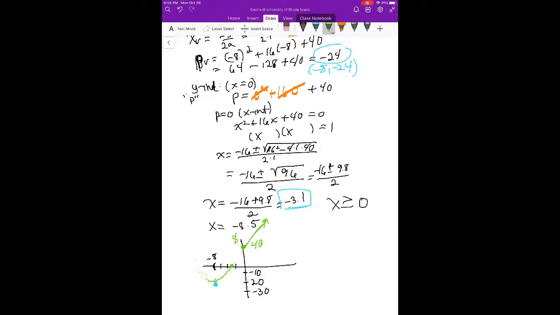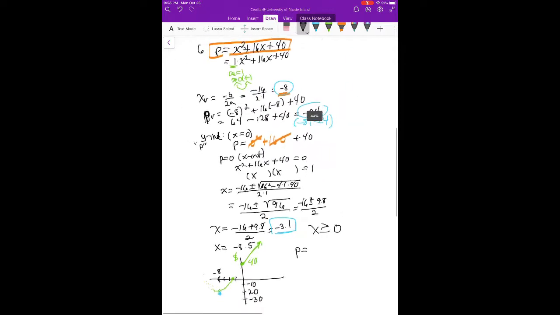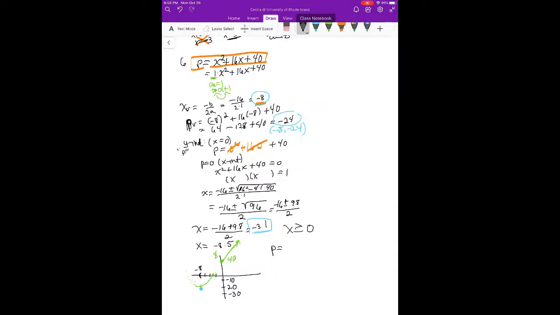And then we want to determine the price at which the supplier will make 2,000 units available on the market. So let's go over here, and we have x squared plus 16x plus 40.